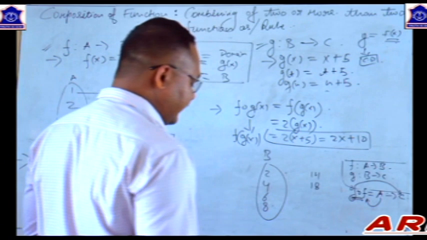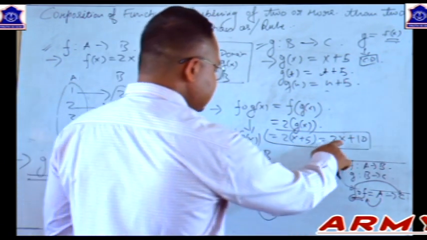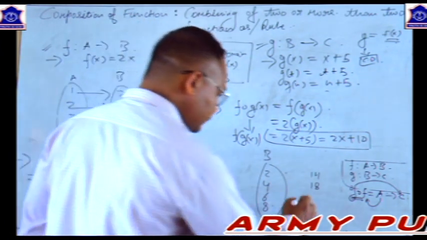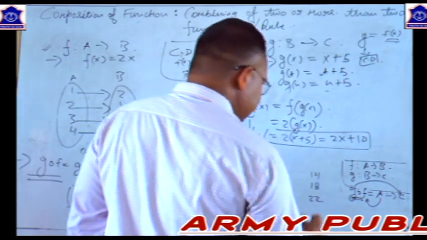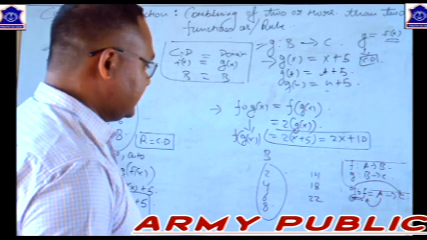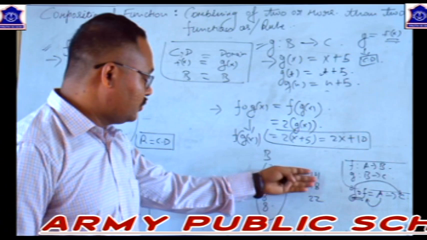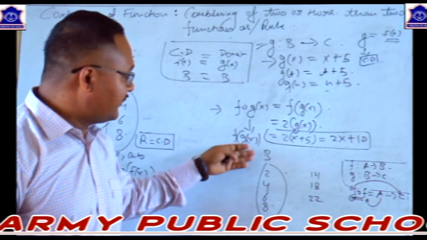For 6 we get 12 plus 10, 22. Such elements are not related to any element of set B.